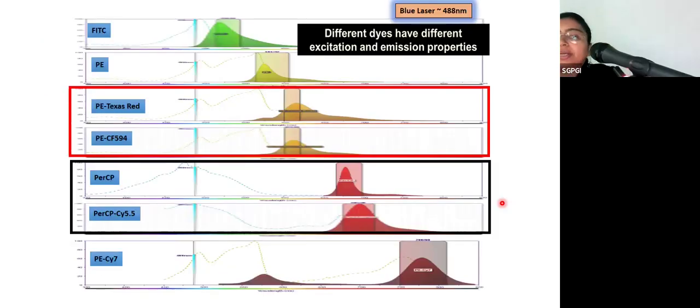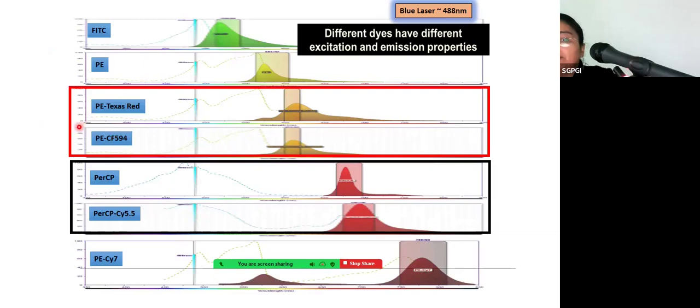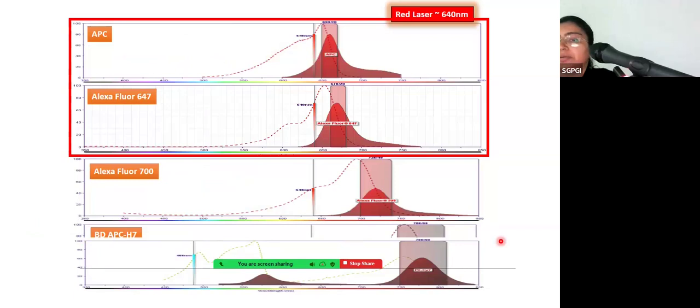So here I'm showing you an example where you can see that PE Texas Red and PE Alexa Fluor 594 both have the same excitation and emission properties. So obviously these two dyes cannot be combined in an experiment. The same thing is true for PerCP or PerCP-Cy5.5. If you see, a large part of their emission spectrum will overlap. So these dyes should not be combined together in an experiment.